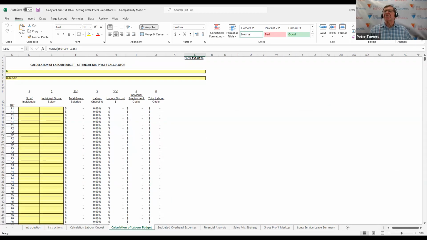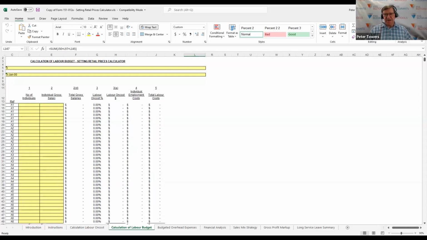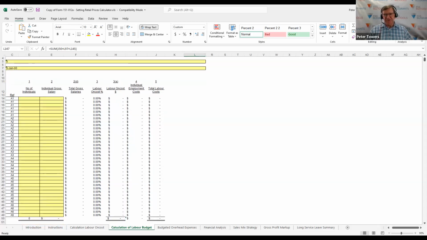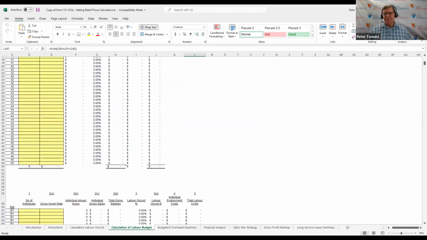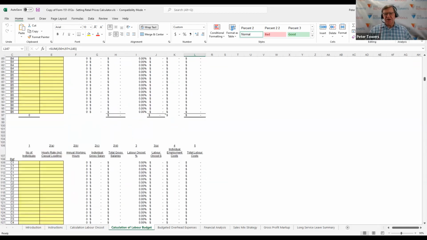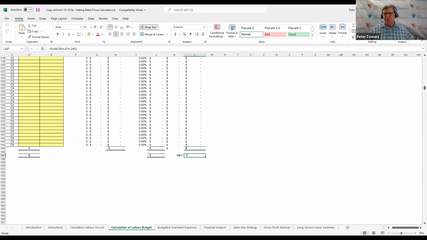The system calculates the remainder based on information that has been calculated in the labour on cost area and is automatically transferred. So it picks up these numbers, A1, A2, right through, and puts them in exactly the same order that they're reflected in the on-cost calculation. And that will end up calculating for us the total labour cost, which will be reflected here, and it will tell you what the labour cost is going to be for the business for the next 12 months.